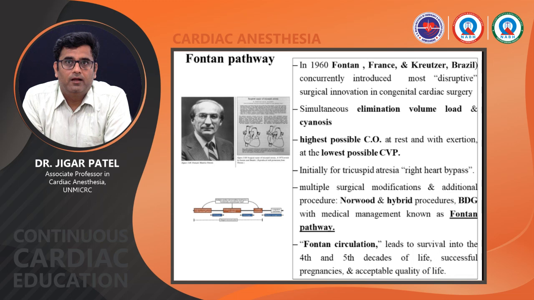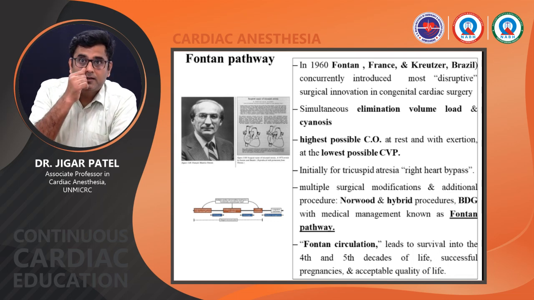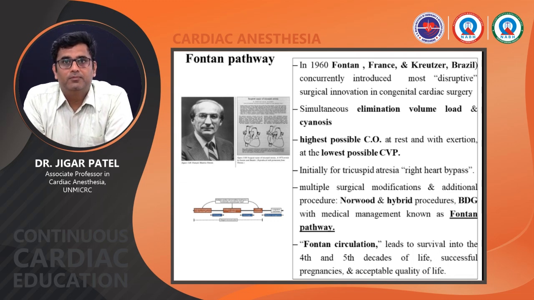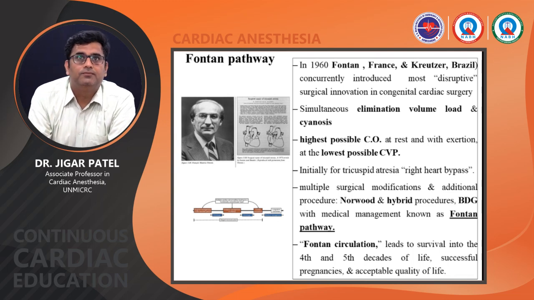After that, when the child reaches around 2 to 4 years of age, a final Fontan operation is done. Between these stages there is an interstage, so you have to monitor the patient and regular follow-up is done, and this whole pathway is known by the name of Dr. Fontan as the Fontan pathway.